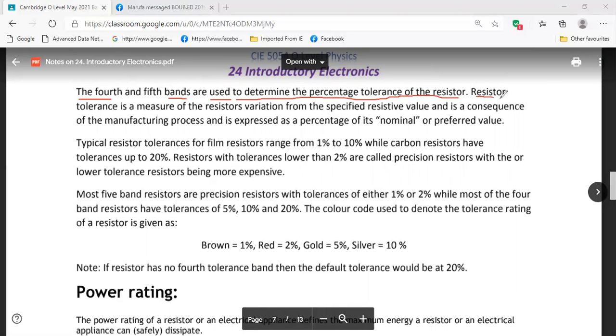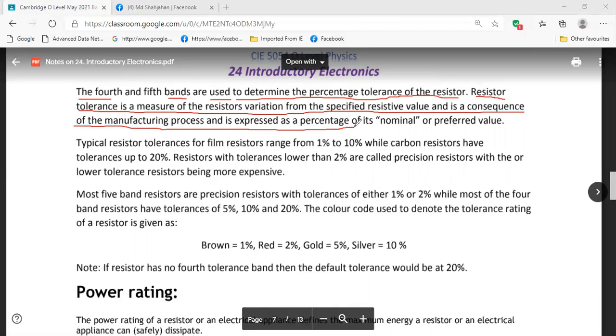Resistor tolerance is a measure of the resistor's variation from a specified resistive value and is a consequence of the manufacturing process and is expressed as a percentage.